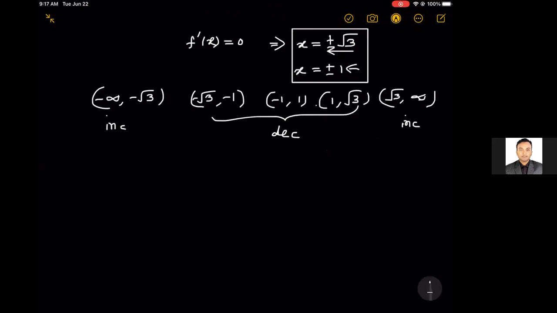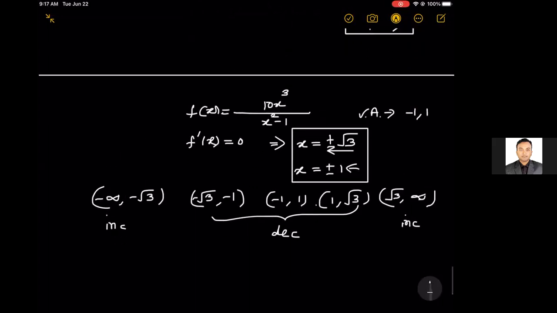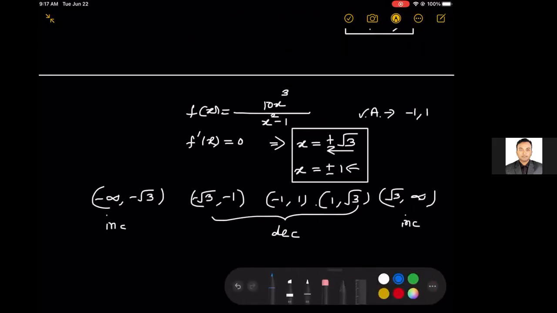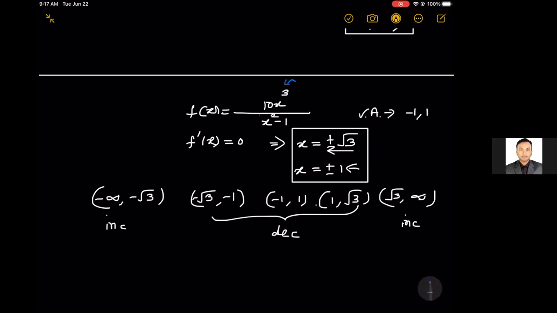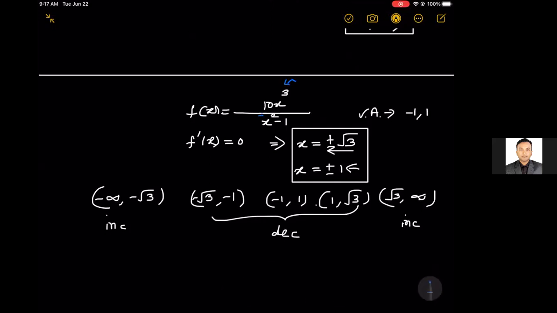And we also know the slant asymptote, right? We know that since the degree of the numerator is one more than the degree of the denominator, then we have a slant asymptote, right?